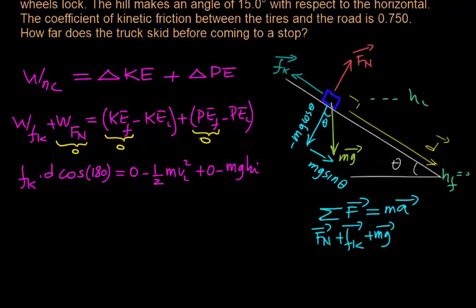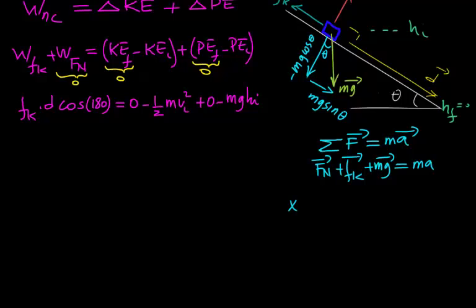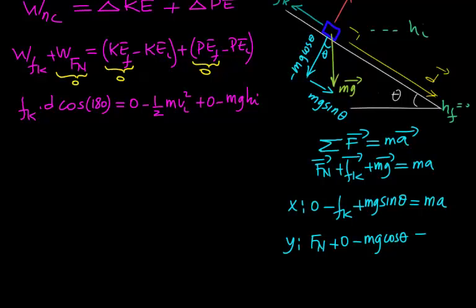They all add up to ma. The x component gives you Fn has none, minus Fk plus mg sine theta, with downhill as my positive x, equals mass times acceleration. The y component is Fn, no Fk along the y, but there is an mg cosine theta along the y, equals 0 because the acceleration is lined up with the x-axis.